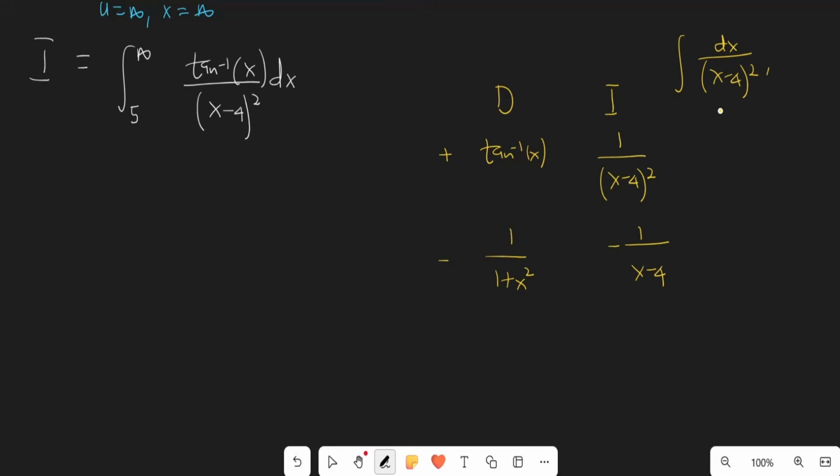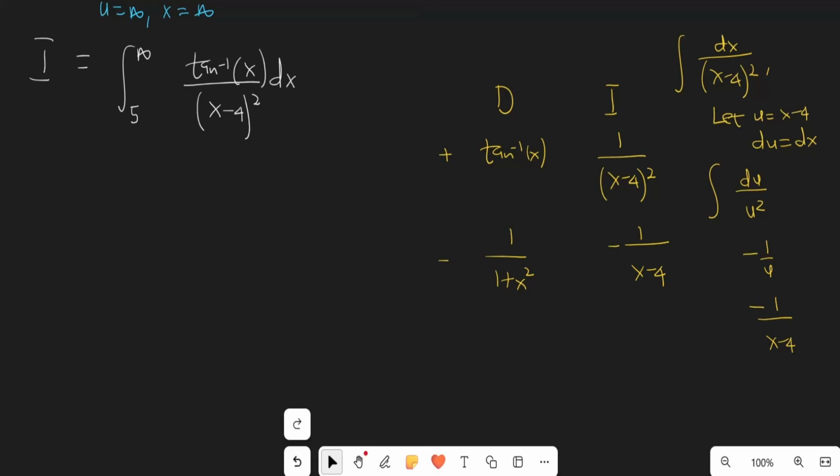We can let u be equal to x minus 4, and du is equal to dx. So there is going to be the integral of du over u squared, and integrating 1 over u squared is negative 1 over u. Replacing back, that is negative 1 over x minus 4. So that's what we have.